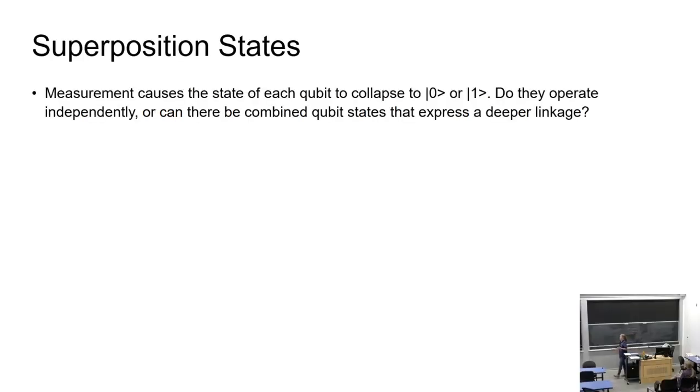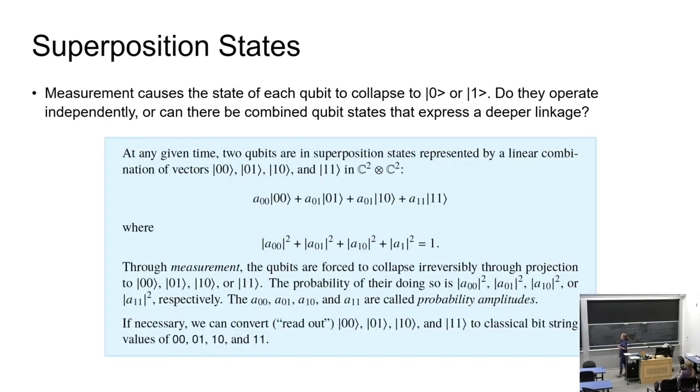All right, so measurement is going to cause the state of each of our qubits to collapse to 0 or 1, just like before. And the question is, do they operate independently, or can there be combined qubit states that express some linkage between the two? So we have, at any given time, 2 qubits in superposition states represented by our linear combination of vectors 00, 01, 10, and 11.